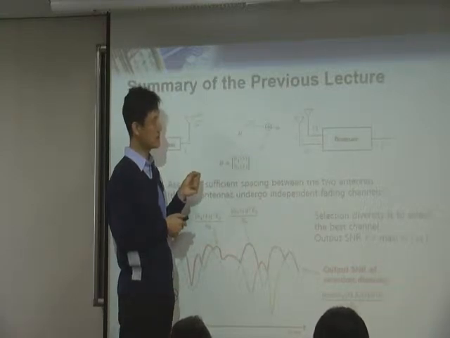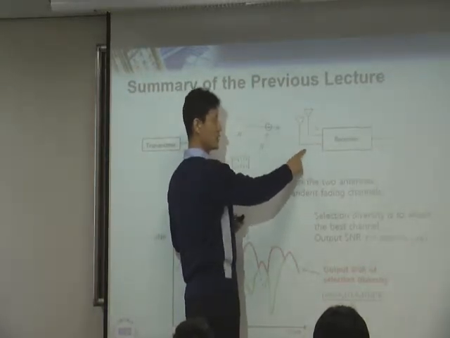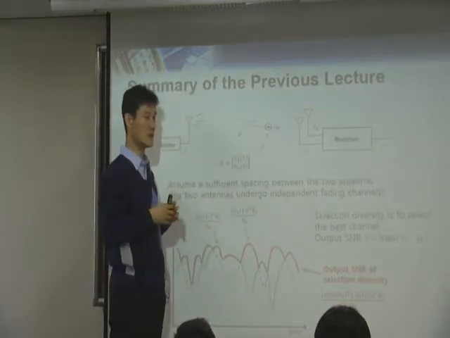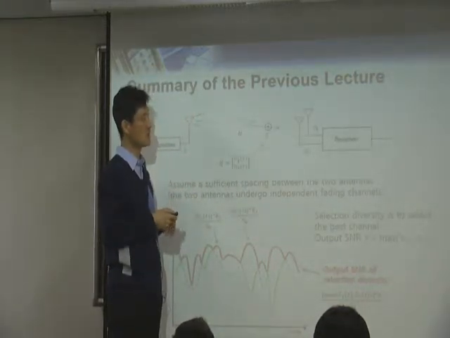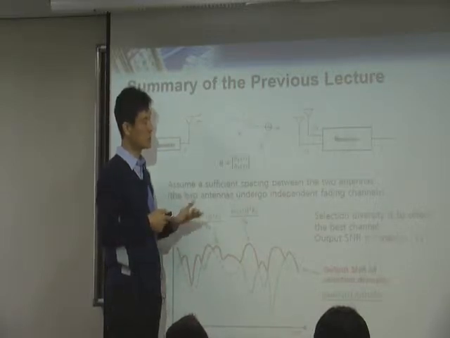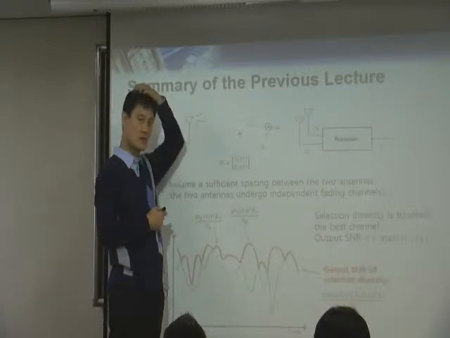Then there are high correlations. Receive symbol Y1, another receive symbol Y2, if those two are the same or very similar, that means we have a high correlation. When you have a high correlation, you have pretty much no advantage by having two antennas, right? So you want to make Y1 and Y2 as independent as possible, right?